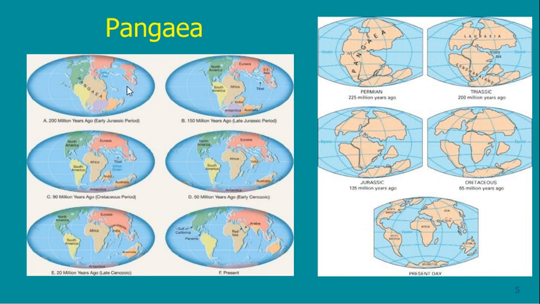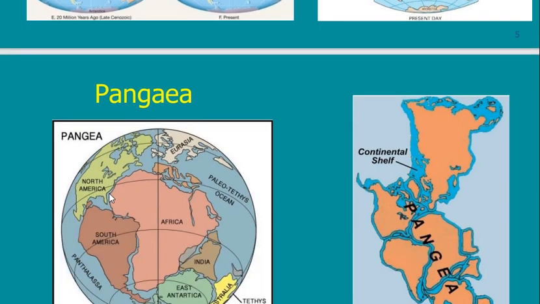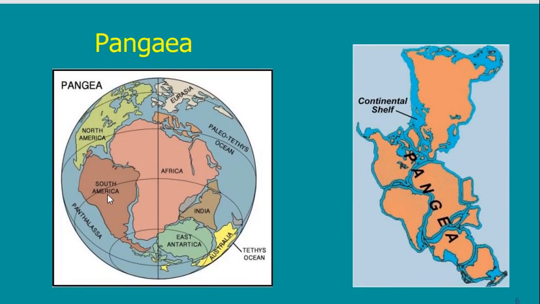This is another photo, but I think this is clearer for description. They are both the same, showing us what was happening. This is very good because if you can see, it has some sense. This is Africa, this is South America, this is North America.